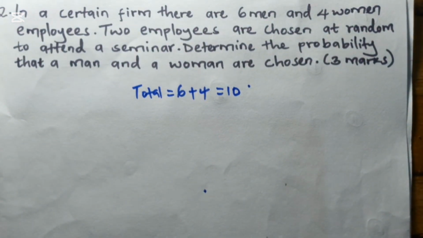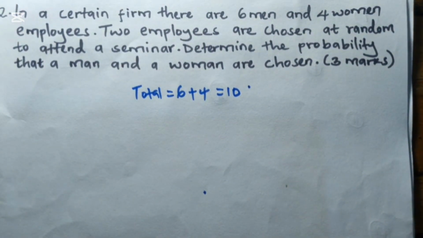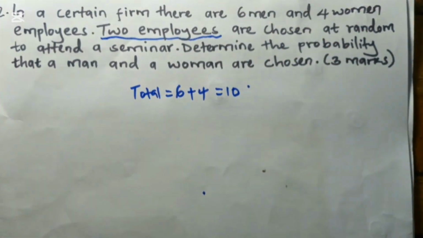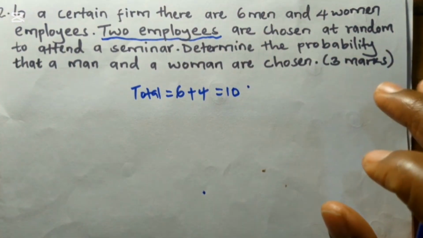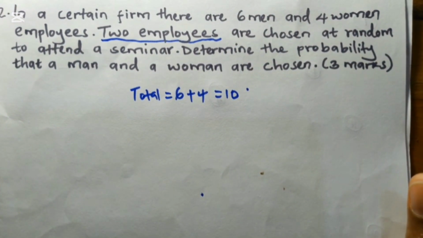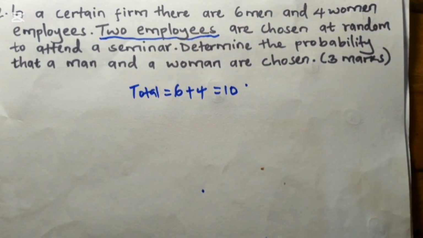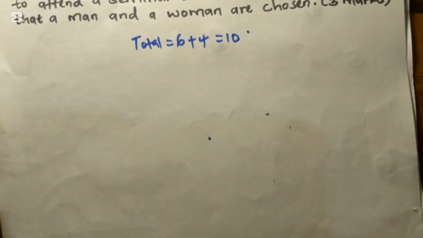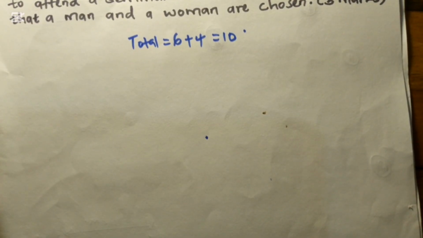And again, the keyword here is 2 employees. So we are going to pick twice, the first time and the second time, for us to get 2 employees. So let us represent this information in a tree diagram for us to come up with a solution.